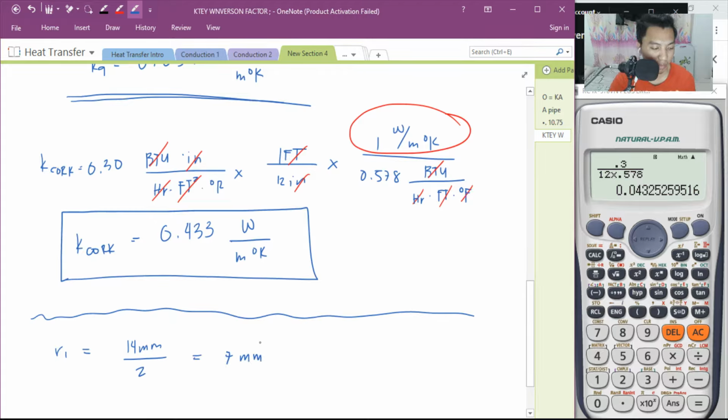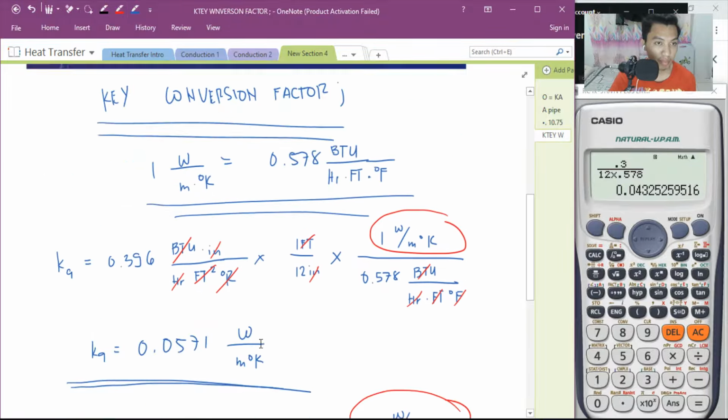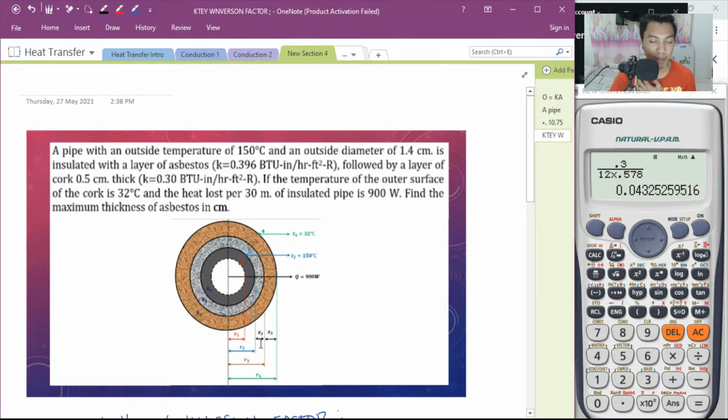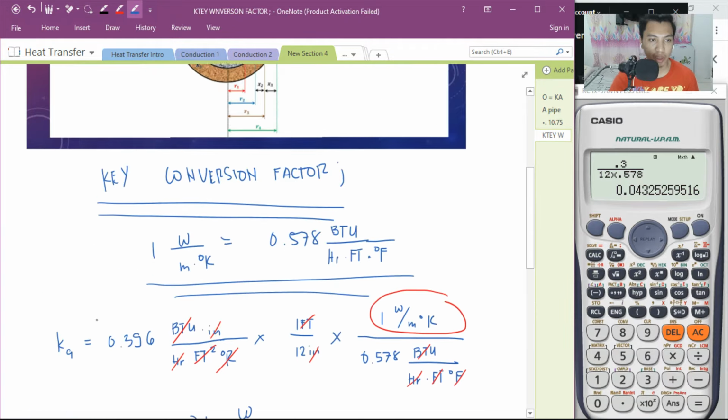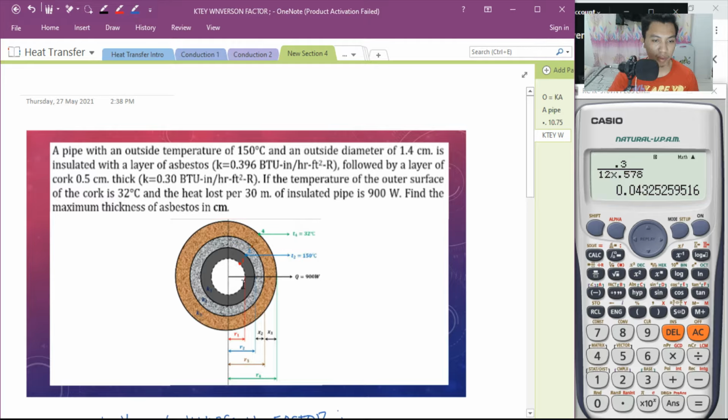Parang ang liit. Check natin. 1.4 cm. Tama naman. 1 cm is 10 millimeters. Tama. R2. R2 is pipe, asbestos.